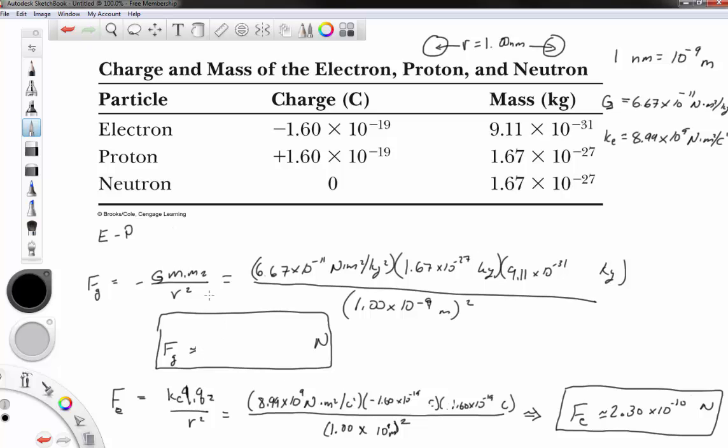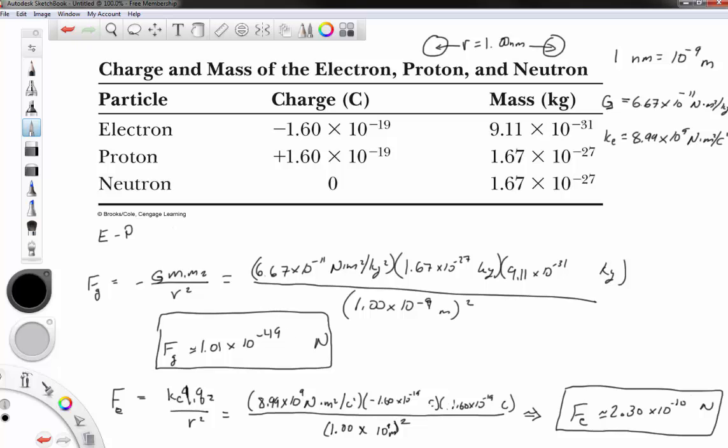And then down here we have the mass of the electron, 9.11 times 10 to the minus 31. So the force of gravity gives us about 1.01 times 10 to the minus 49 newtons.